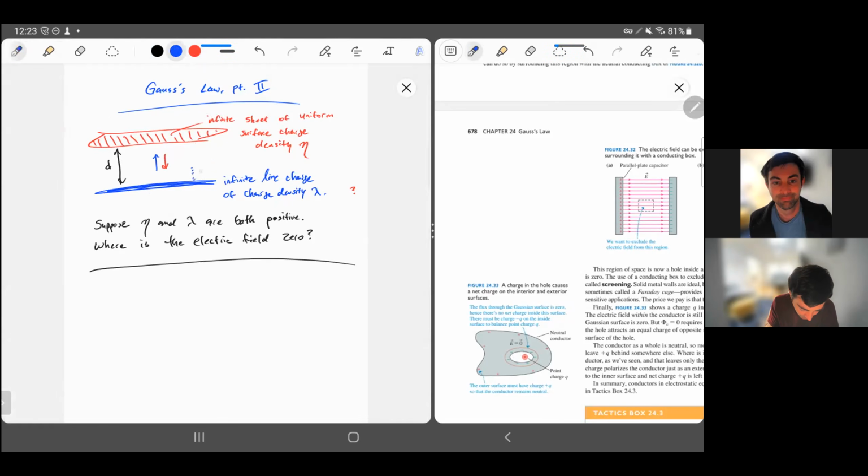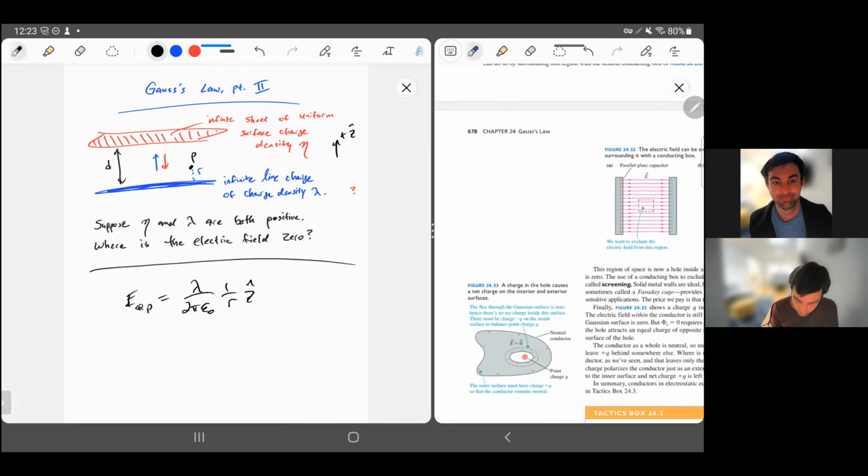Suppose we're a distance r away from the infinite line charge. Let's call this point P. The electric field at point P is a sum of two contributions, and let's call this the z direction. There's a contribution in the positive z direction because of the line charge, and if you remember from the example problem, this is lambda over 2 pi epsilon naught times 1 over r in the z hat.